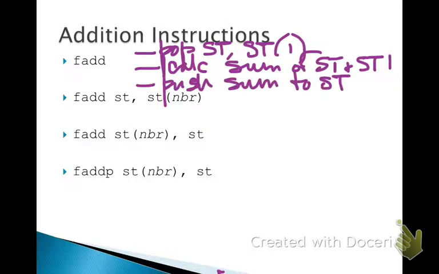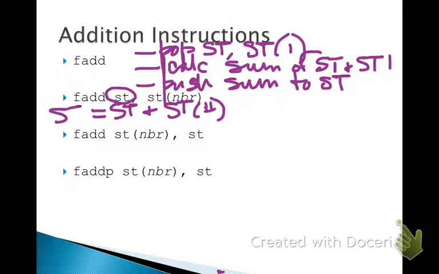Okay? All right, now we start to look at some operands. In here we notice for the first time that we have both the destination and the source. This gives us some help because this is going to add stack top and whichever other stack register you indicate, but it's going to store it in stack top, since stack top is our destination.